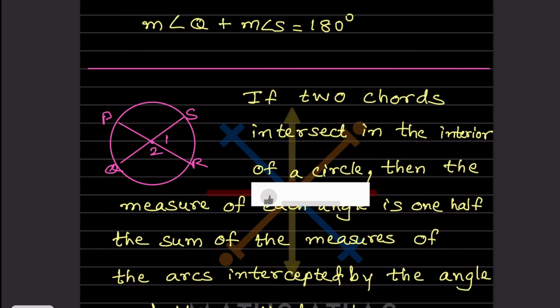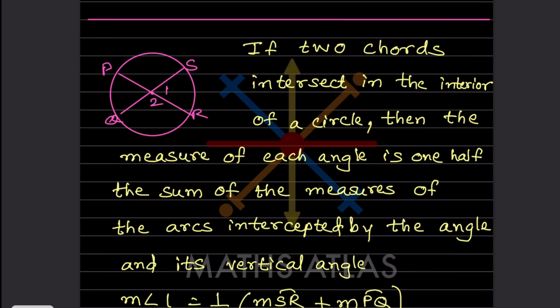Now if two chords intersect in the interior of a circle, it can be anywhere, then the measure of each angle is 1/2 the sum of the measures of the arcs intercepted by the angle and its vertical angle. So measure angle 1 will be half of the arc SR plus arc PQ.